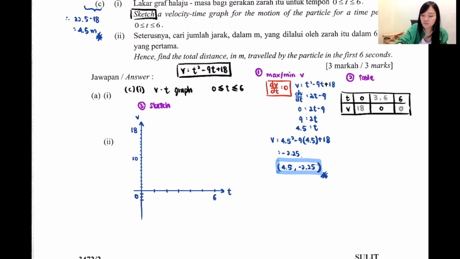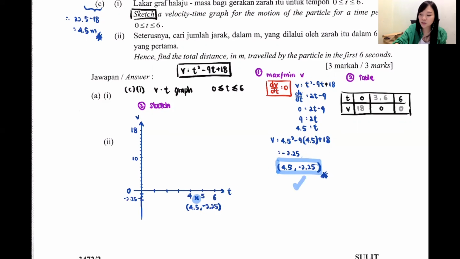Okay, like this. So the x is 4.5. So this one 5, this one 4, in between is 4.5. The height is negative 2.25. So 4.5, negative 2.25, I think this is my minimum point.